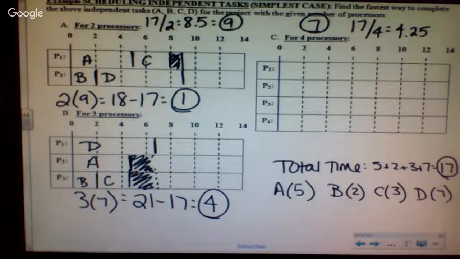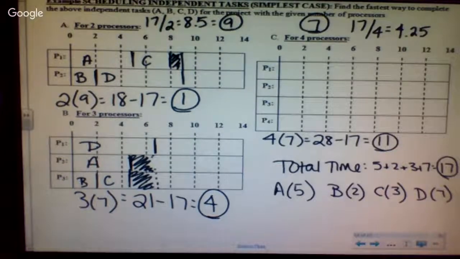So before we even schedule this, let's see how much idle time we should have. So I've got 4 processors that should each work 7 hours. So 4 processors and 7 hours, which means they're each total going to work what? 28. Minus the 17 that it would take to do it for one person, we should have 11 hours of idle time by the time we're finished.